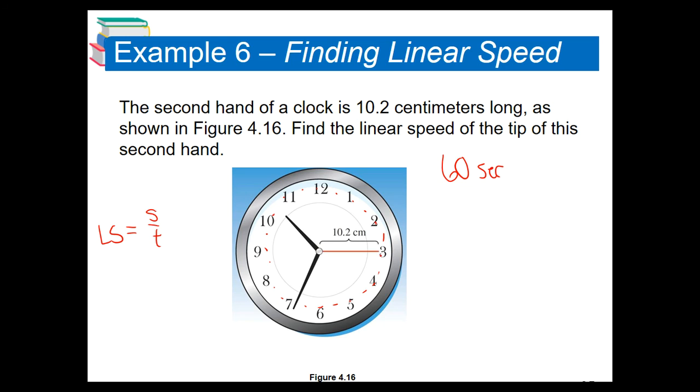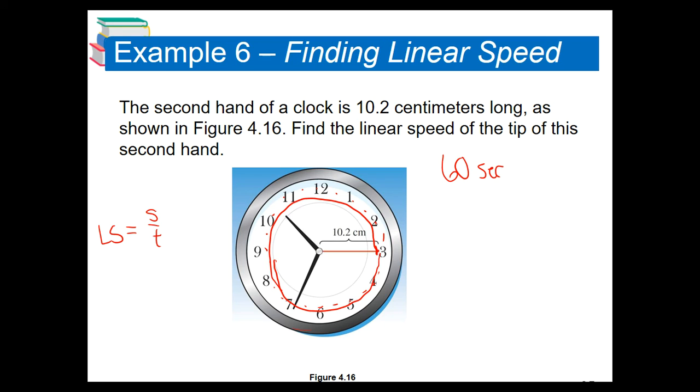Well, what do we need? We need to know the arc length. So what is the arc length all the way around the circle? Well, if we know the radius, this is going around, how far is it traveling? That's basically the circumference of a circle, right? If it was a unit circle, if the radius was 1, we know that would be 2 pi.